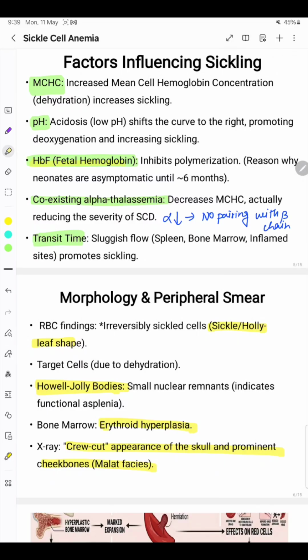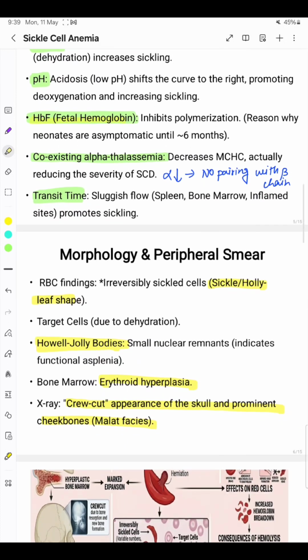Coexisting alpha thalassemia will result in decreased MCHC, and that's why it reduces the severity of sickle cell disease. On the other hand, if the alpha chain is low, there is no alpha chain available for pairing with the beta chain, so ultimately it decreases the risk of sickling.